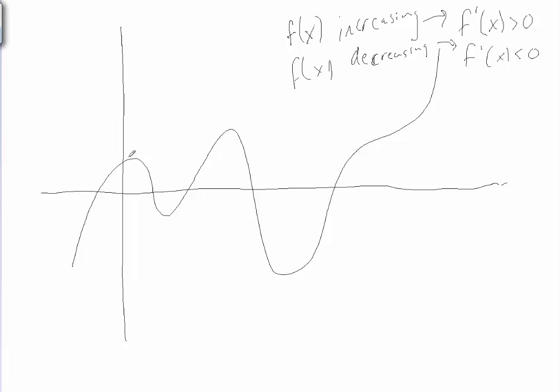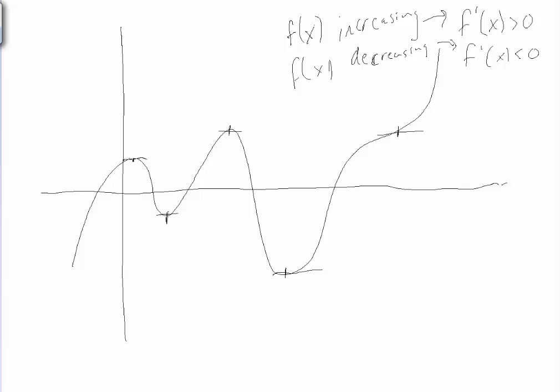Then we have these points, right here, right here, here, roughly here, where we're going to have a derivative equal to 0. Okay, so these will be our critical values. So a tangent line here would have a slope of 0, tangent line here, here, here.